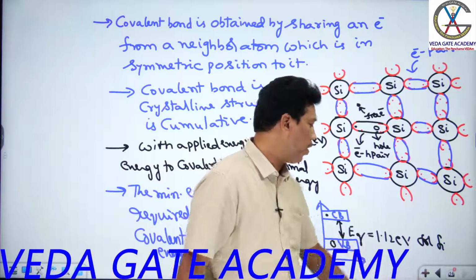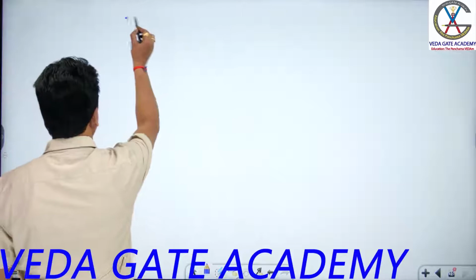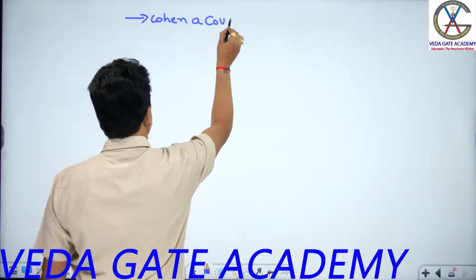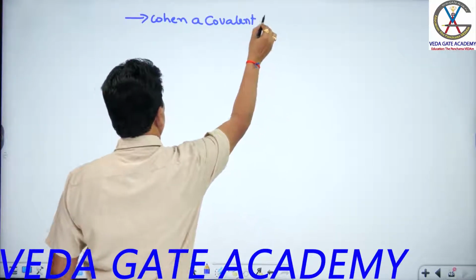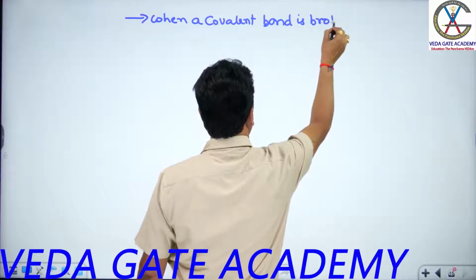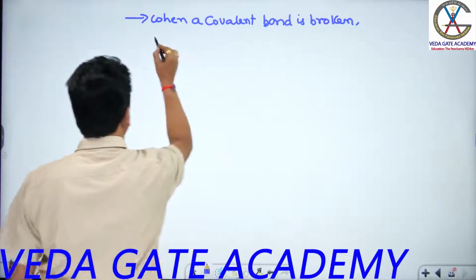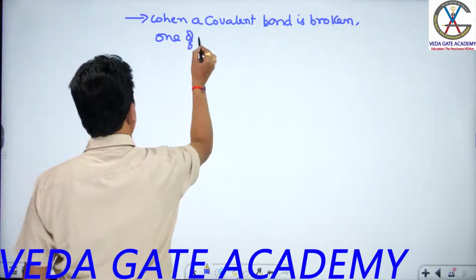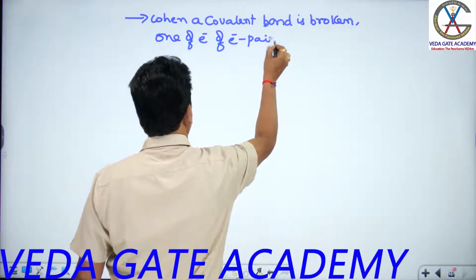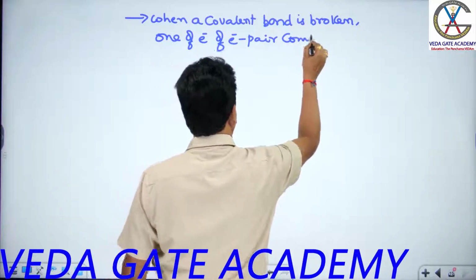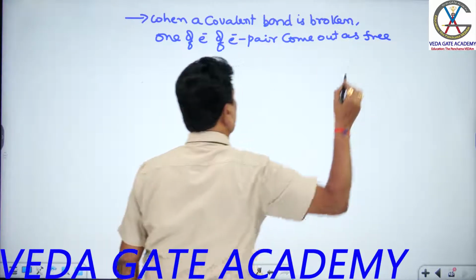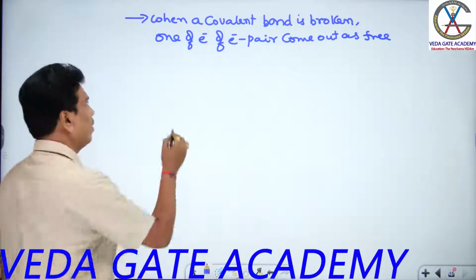So understood now. When a covalent bond is broken, how many electrons come out? When a covalent bond is broken, one electron of the pair comes out free, students.